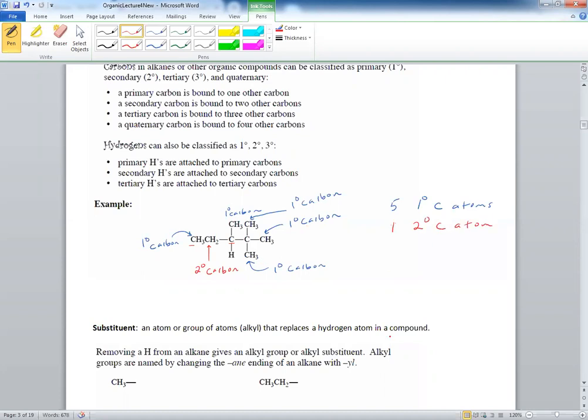Tertiary. Let's use a different color. This one right here is a tertiary carbon because it's attached to 1, 2, and 3 carbons. So that's your tertiary carbon, and you only have, again, 1 of them.